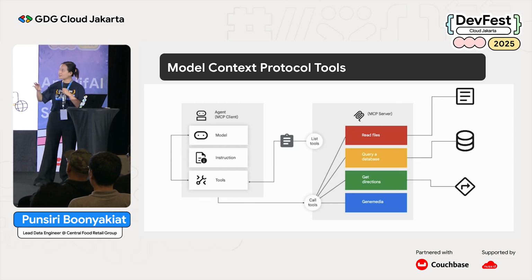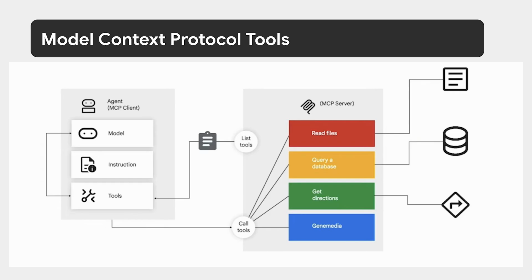Okay, so the real architecture is going to be like this. Because in the last session we talked about agents, right? Our agent has a model, instruction, and tools. So we can have a tool list, and our tool list can also be an MCP. And each MCP comes with multiple tools.